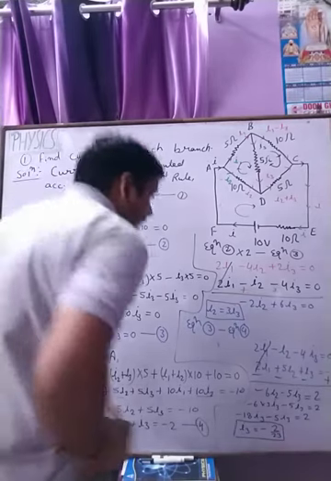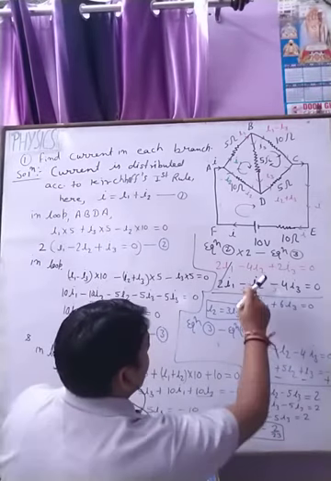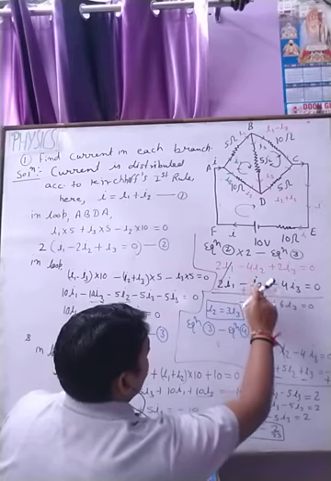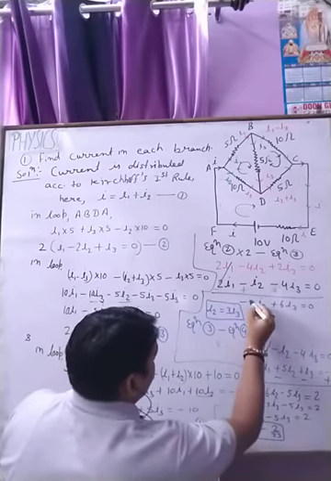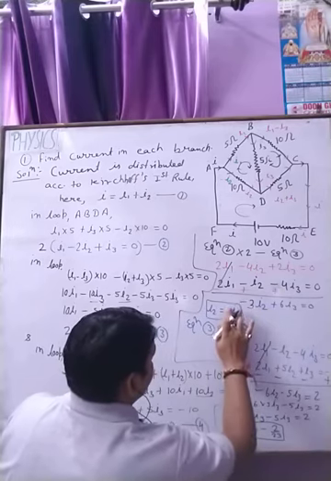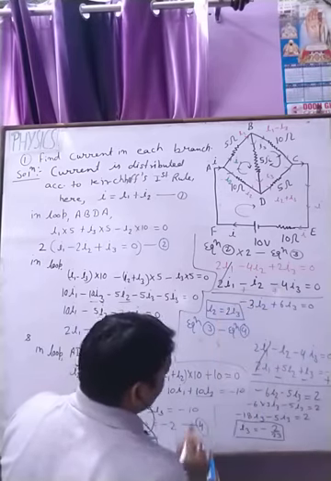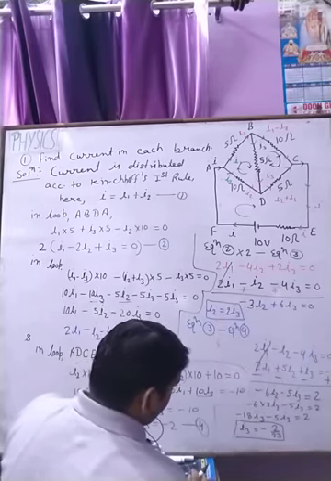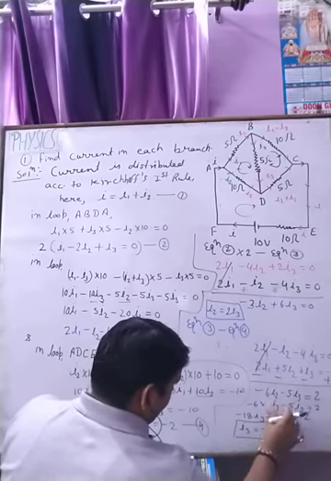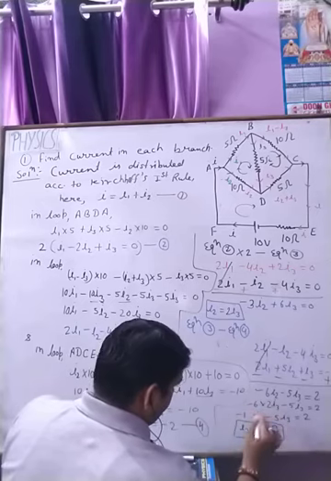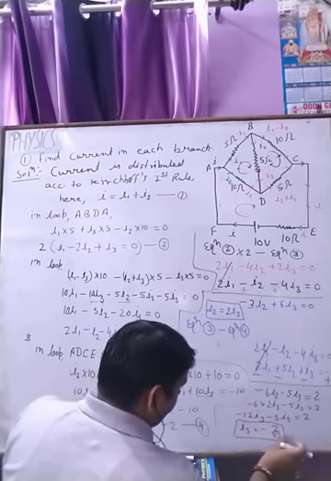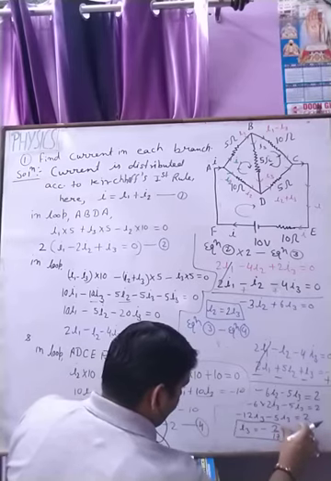Here student, when we subtract 4I2 from I2 we get 3, so this will become 2. On substituting the value here, this will become 12, so this is 17.